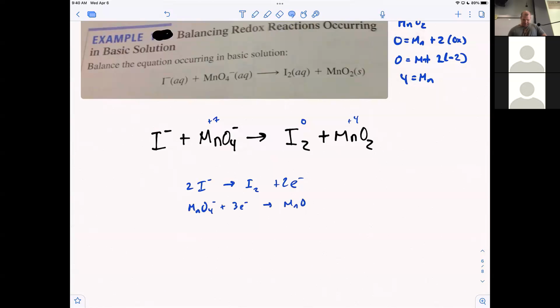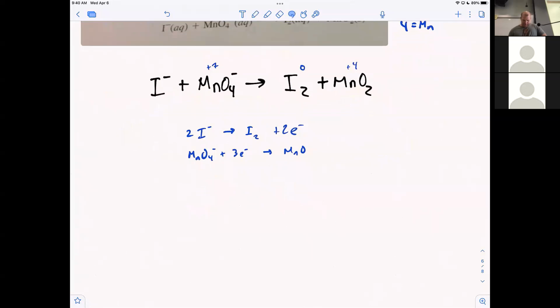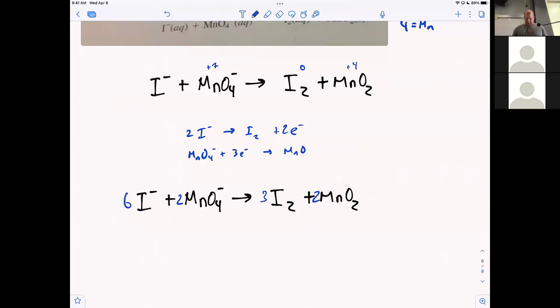To do it step by step, we have to multiply these by 3. Oh, no, it's going to be 6. We need 6 iodides there, and then we need 2 there.